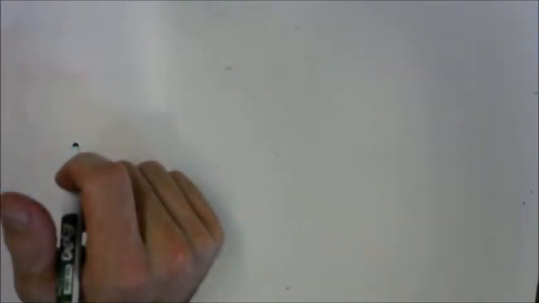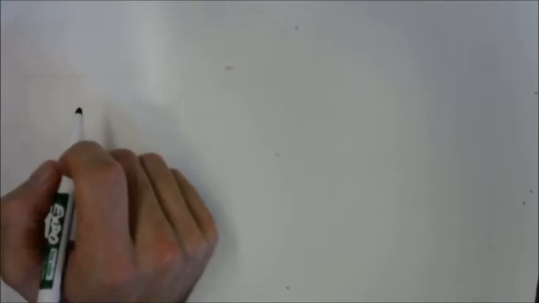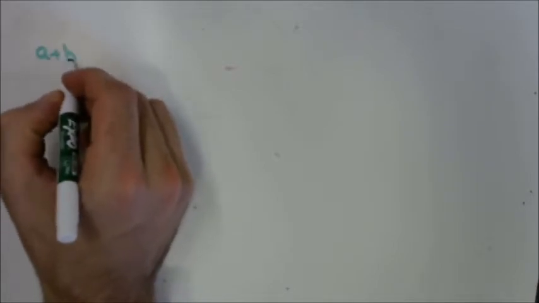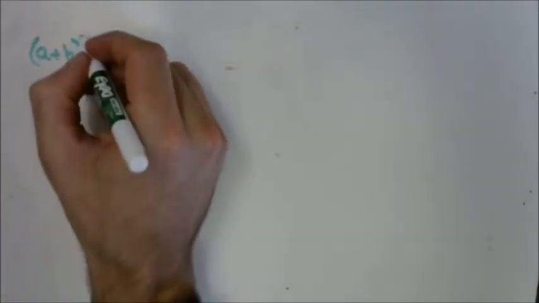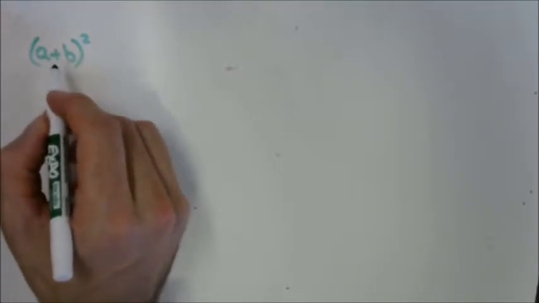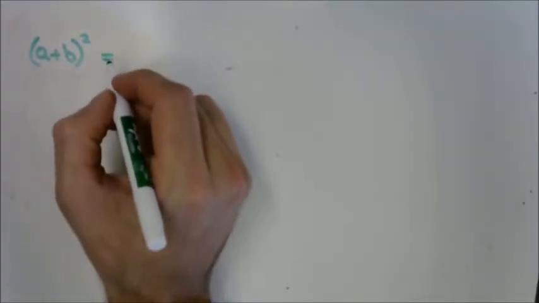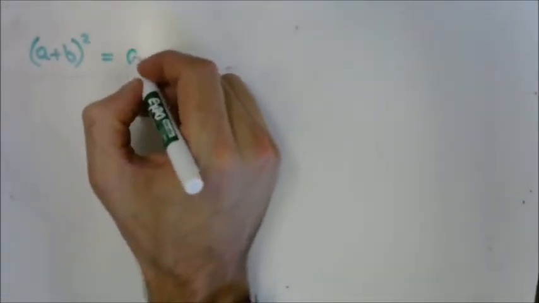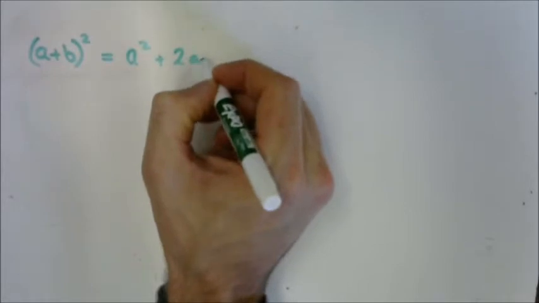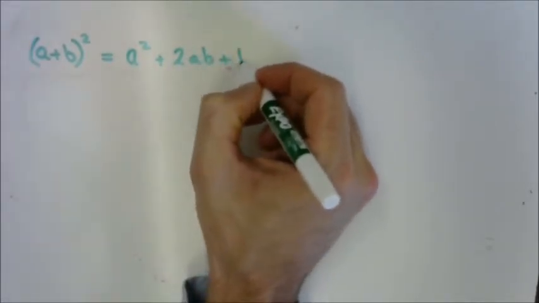Okay, let's write an official rule for squaring binomials. The rules are these. There's 2 of them. When we're dealing with squaring a binomial and there's addition in between the terms in the binomial, the resulting product is a squared, the first term squared, plus 2ab plus b squared.